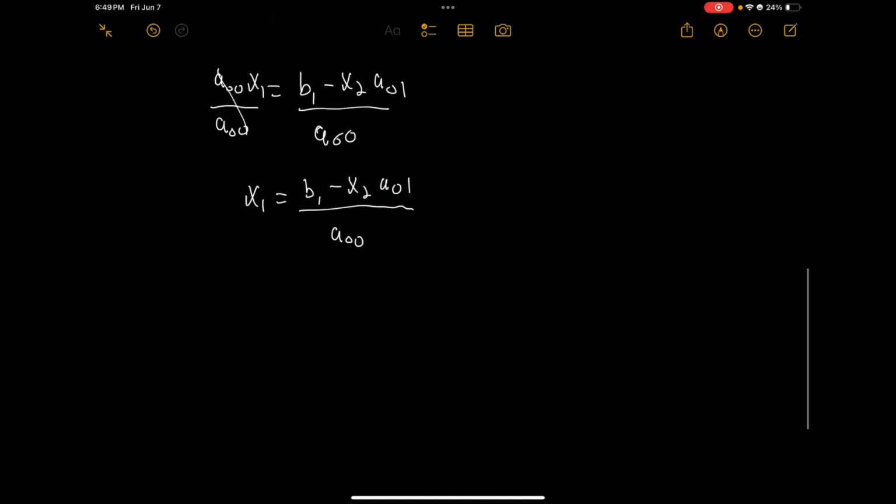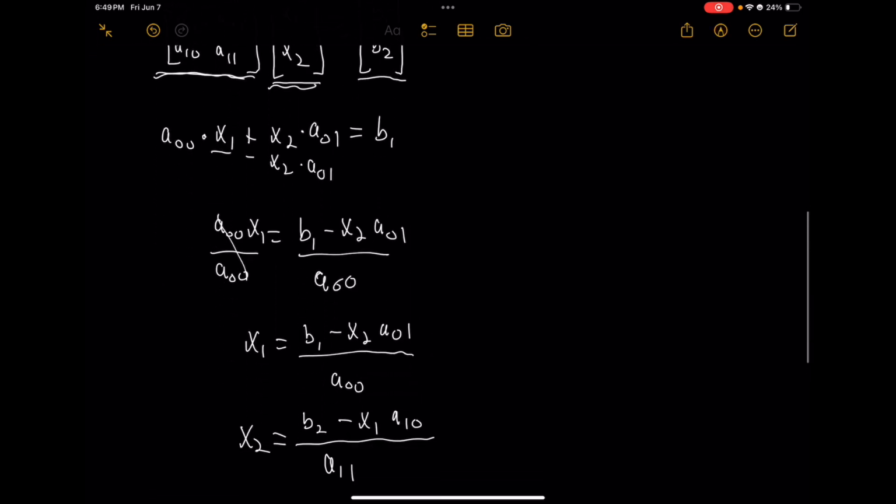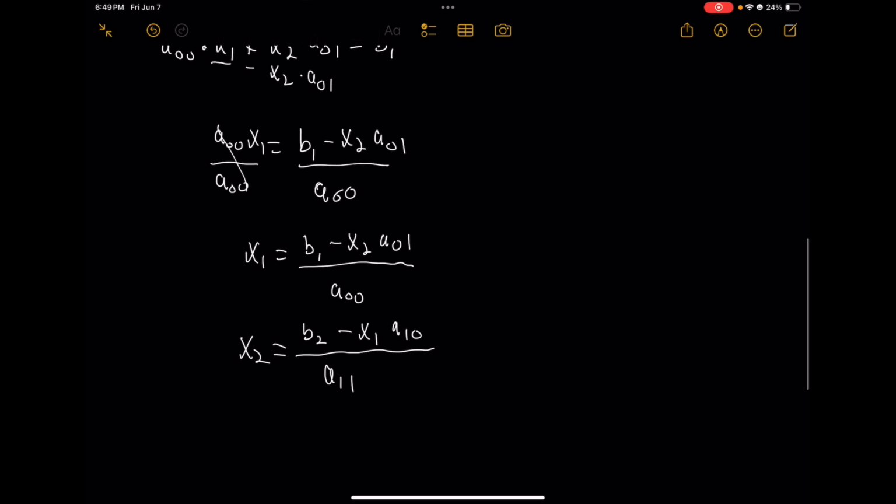We could do a very similar thing for x sub 2. It would be B2 minus x sub 1 A1,0, all over A1,1. This is what we're trying to solve for, basically. The issue is, if we don't know x1 and x2, what are we supposed to do?